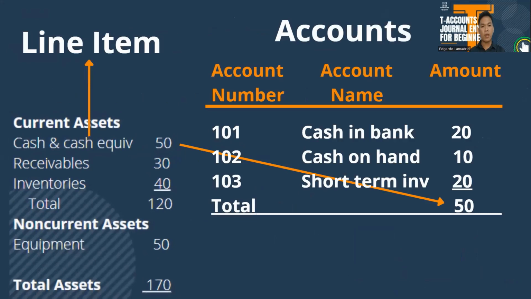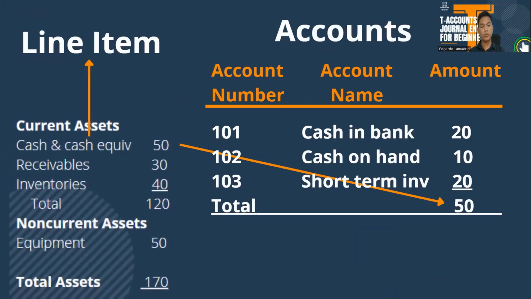Going back to the statement of financial position, we will now look into a sample line item, which is cash and cash equivalents. As you can see, the cash and cash equivalents might be composed of many accounts, which may be cash in bank, cash on hand, and short-term investments.